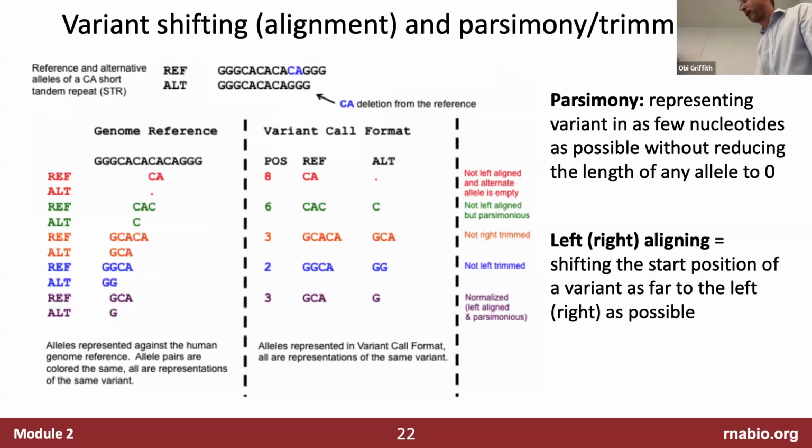And be as parsimonious as possible, meaning have the shortest representation, like this is better than say this, where you're giving more context than is needed, just for space saving reasons. And then having one of these reference bases for context is useful. So if there is a general recommendation, it's probably this bottom one. And there are tools that you can run to convert your data to this, but yeah, it's kind of a Wild West out there.